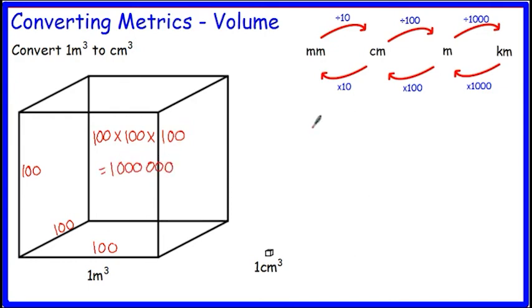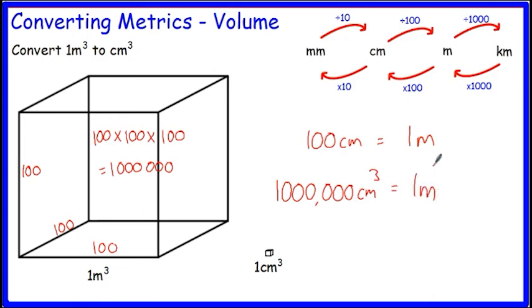Whereas I know that 100 centimeters is equal to 1 meter, 1 million centimeter cubes is equal to 1 meter cubed, or it's 100 cubed this time.